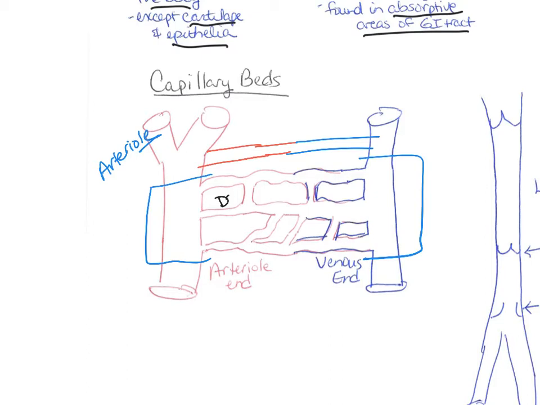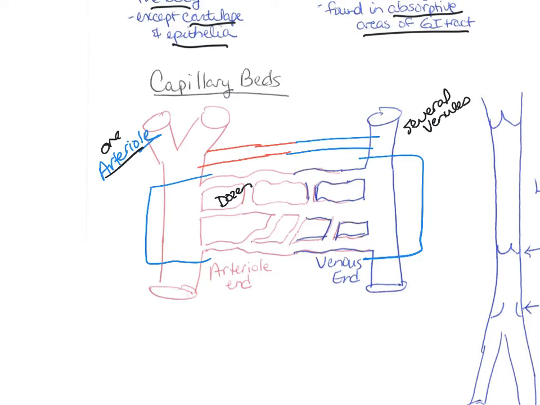So you might find a dozen capillaries in a capillary bed, and then they are going to collect together into several venules. So you might have one arteriole with a capillary bed that will flow into several venules.